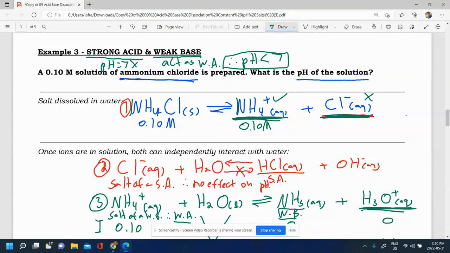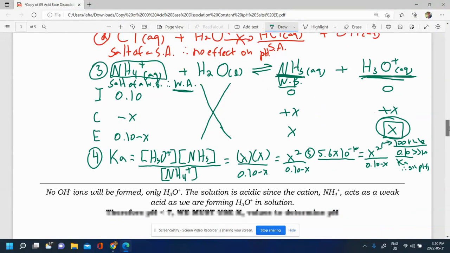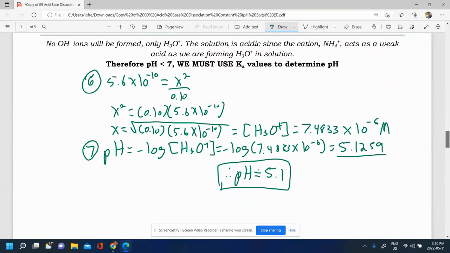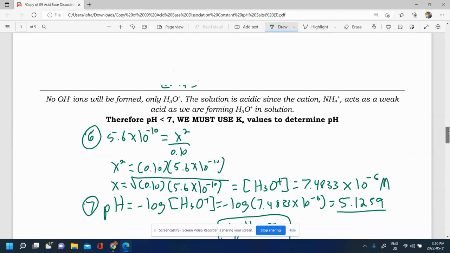But if it's attached to something that was made from the salt of a weak base, so NH4 plus is from the salt of a weak base, which is NH3, the pH overall will be less than 7 because the salt of the weak base, in this case NH4 plus, acts as a weak acid. So a strong acid, weak base combination is going to give you a pH less than 7. And that's what we got here. That makes sense: a pH of 5.1, which is less than 7.